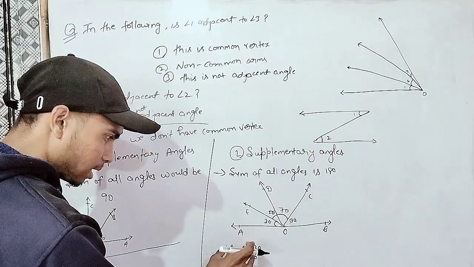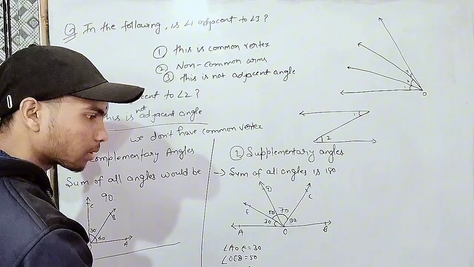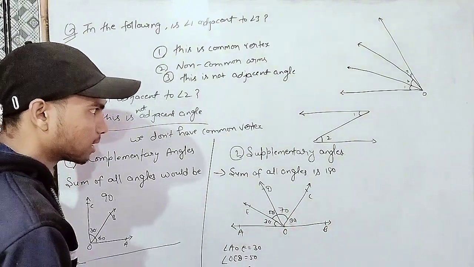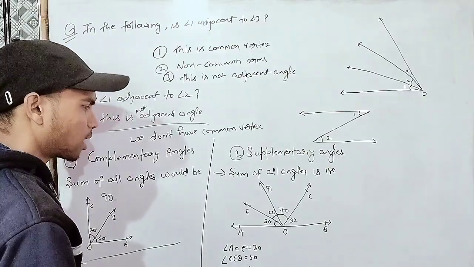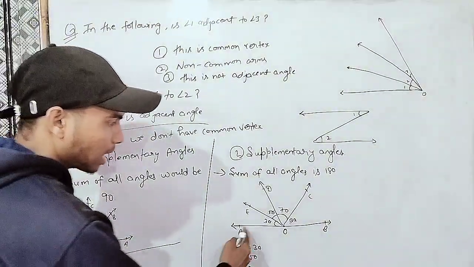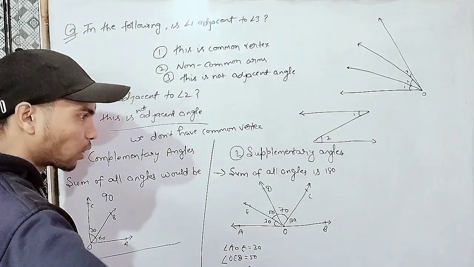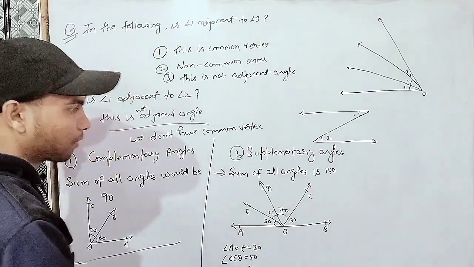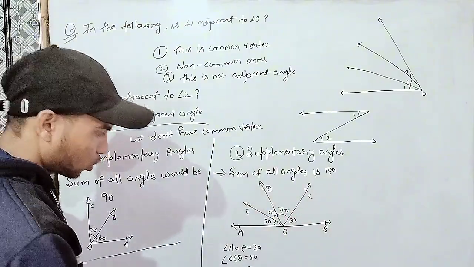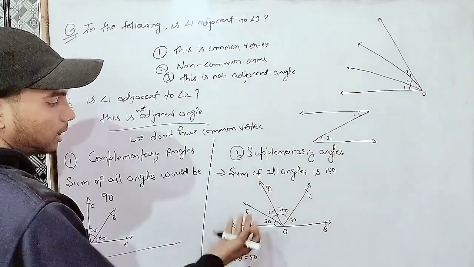Now, if the sum of these angles comes to 180 degree, then it would be known as supplementary angles. So absolutely, the sum of these angles would be 180 degree, because we have a line AO with a rotation of 180 degree. Of course, this would be 100 degree. So here 20 and 30, 100 and 80, 180.